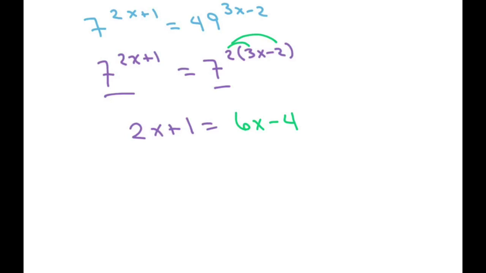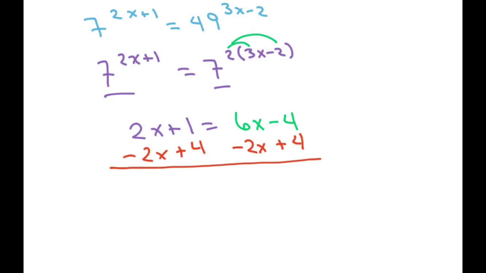Okay, now we want to subtract 2x from both sides and add 4 to both sides. So this will cancel and this will cancel. So you get 5 equals 4x. Divide both sides by 4. So x equals 5 over 4.